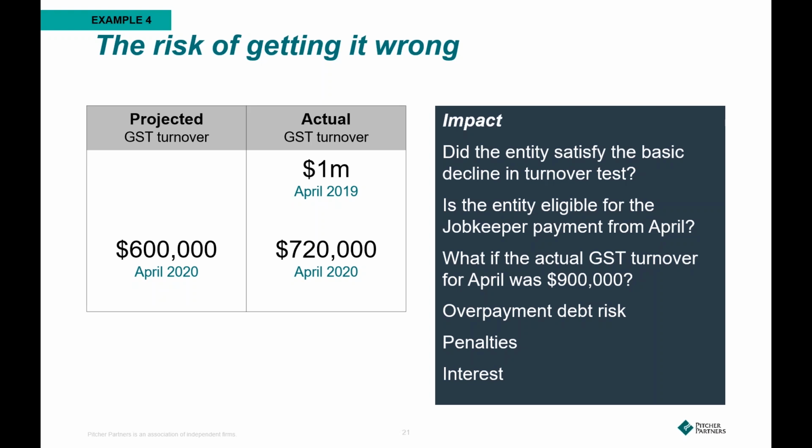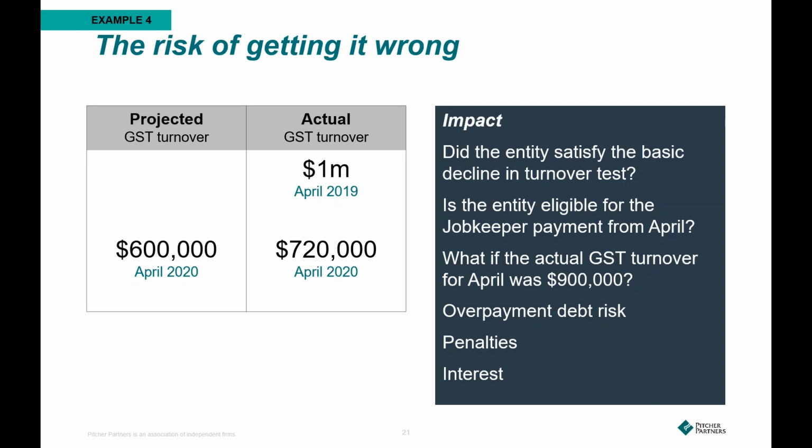But you can obviously see the fact that the risk is going to increase as the actual turnover increases. And you may well expect that if the ATO has a look at that situation and sees actual turnover of $900,000 for May, which will need to be reported, and compares that to the $600,000 of projected turnover that was used for the calculation purposes, then it might start asking some questions about how that calculation was done for projected GST turnover.